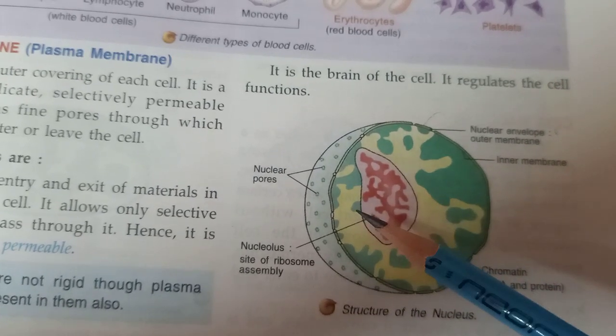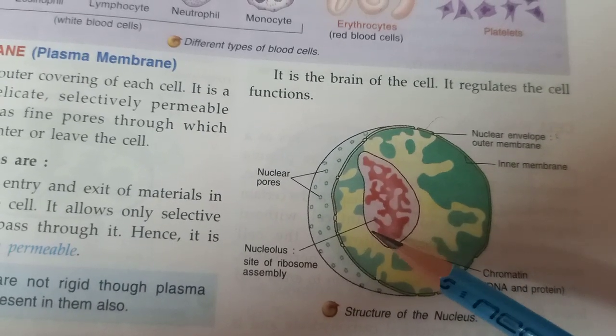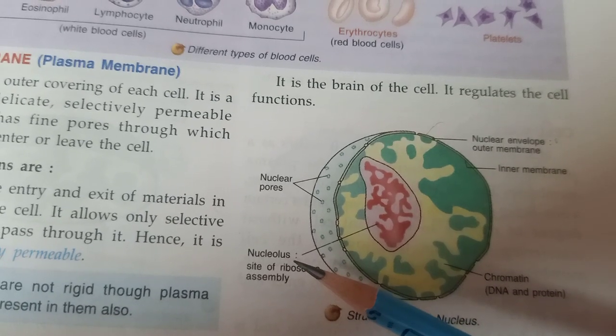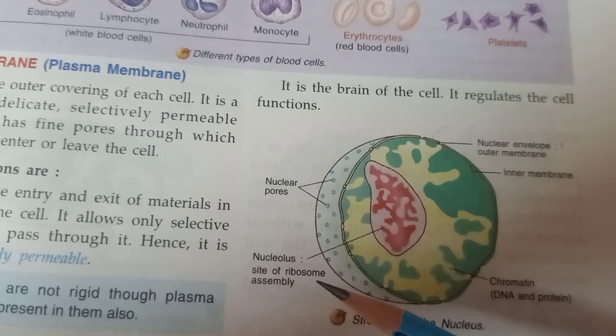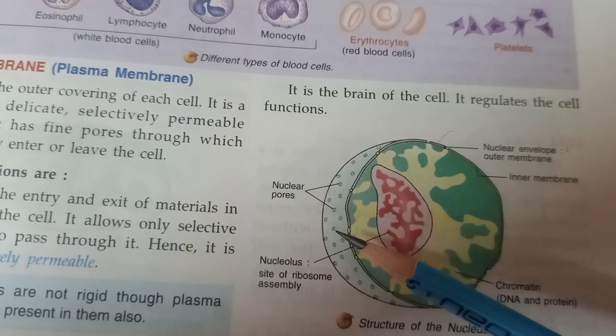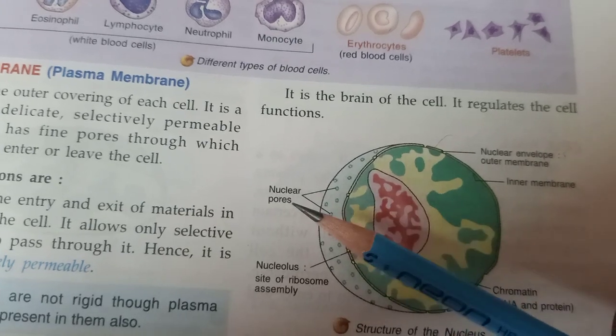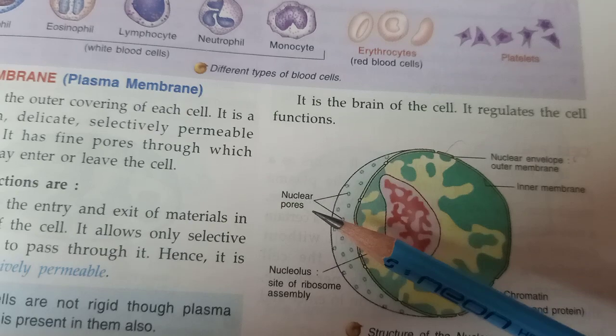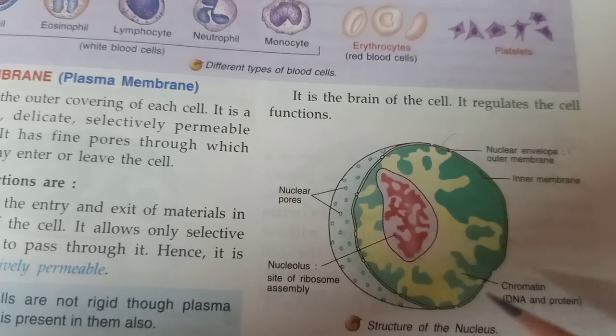Then this part is known as the nucleolus. Now this nucleolus is the site of ribosome assembly, and there are small pores which you can easily see. These pores are known as nuclear pores. So this is the structure. Now we study this structure in detail.